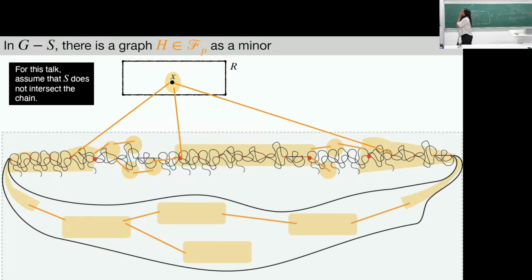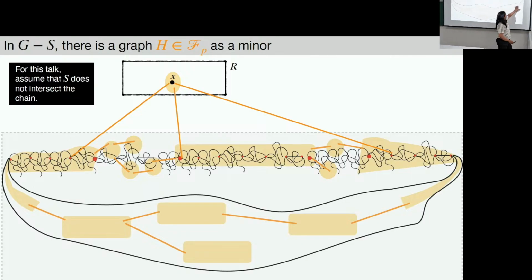And now, the important point to see is how the branch sets of this forbidden minor are arranged inside a chain. These are branch sets of a minor model of H, and I'm interested in those branch sets which intersect the chain. A branch set can take some vertices from here and some vertices from the starting of the chain, but then it has to go via this cut vertex, so there can be at most one such branch set.